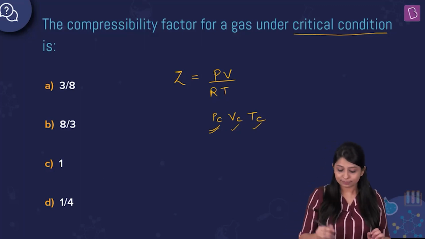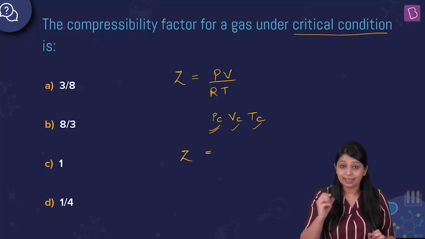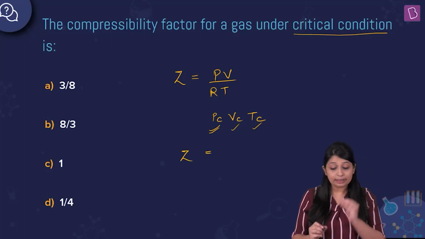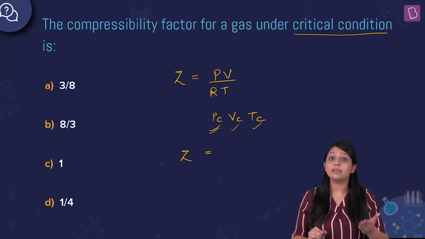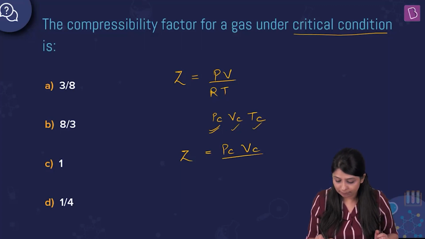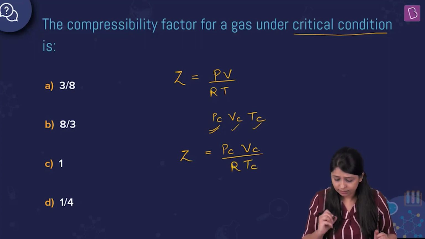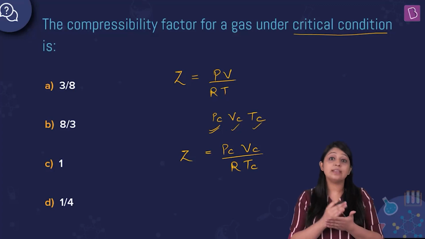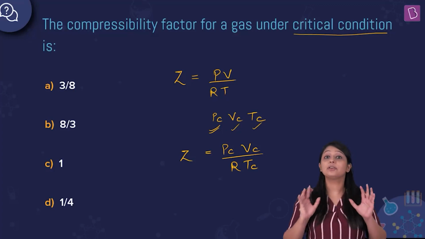Okay, so let's put these values in the formula for compressibility factor. So at critical condition, the formula would become PC VC upon RTC. Now, these values of PC, VC and TC, you'll have to remember.